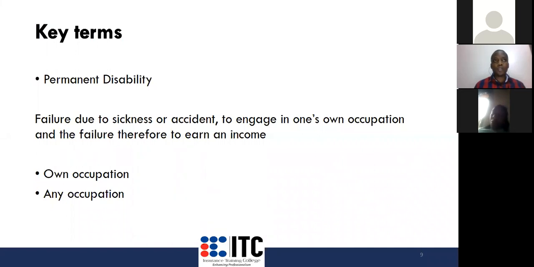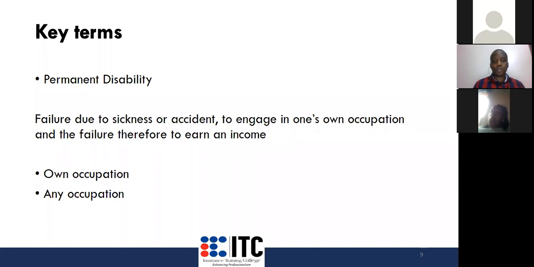So you find there are different policies that define permanent disability in different ways. Some talk about you being unable to continue to work in your own occupation, or you being unable to be gainfully employed in any occupation. So there are some diseases and some sicknesses that have that effect.